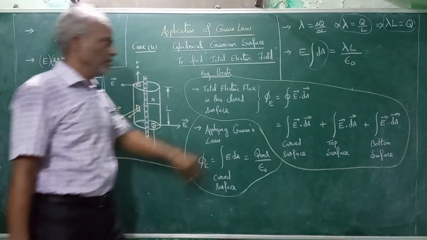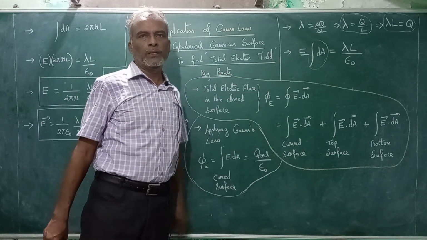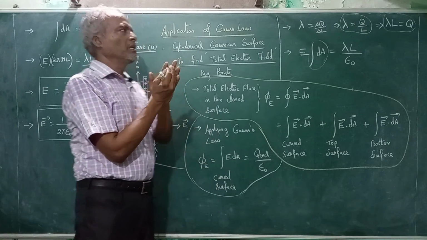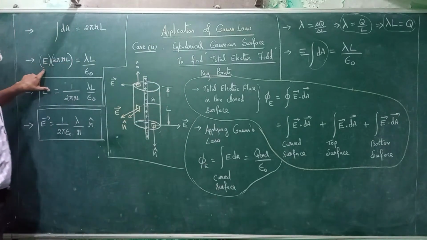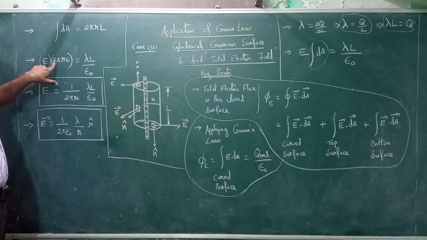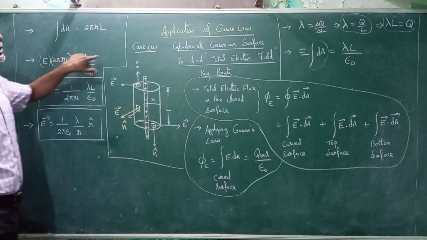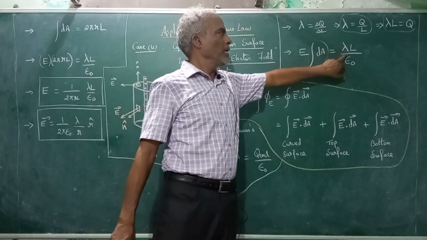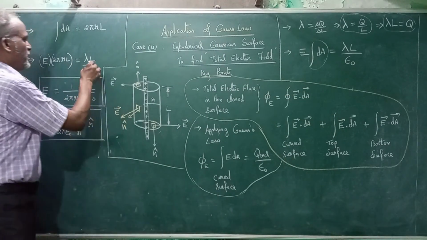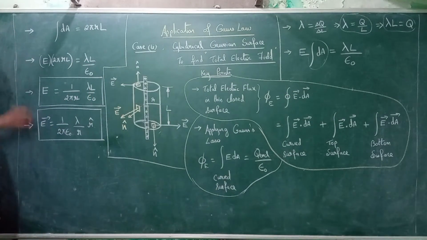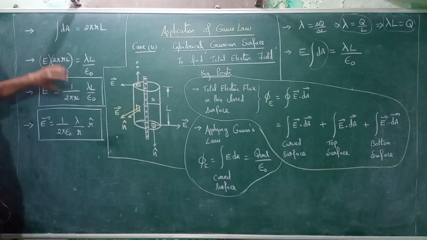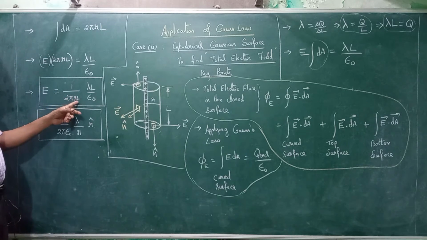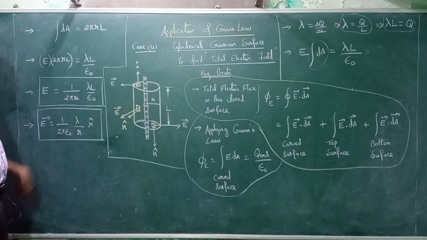Now what we have here is E multiplied by the curved surface area of the cylinder. That is E into 2 pi rL is equal to lambda L by epsilon naught. Now we want the electric field, so bring this term to the other side. So 1 by 2 pi rL into lambda L by epsilon naught.